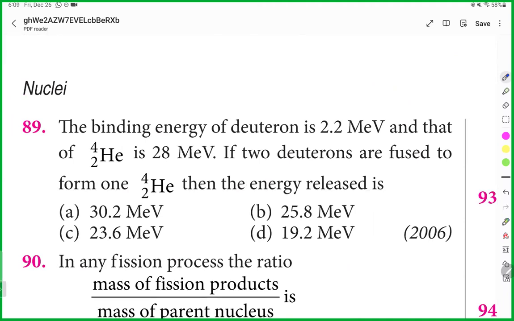Chandana, binding energy of deuterium is this. Same question. If two deuterium fuse, what will be the answer? Now you can calculate this.